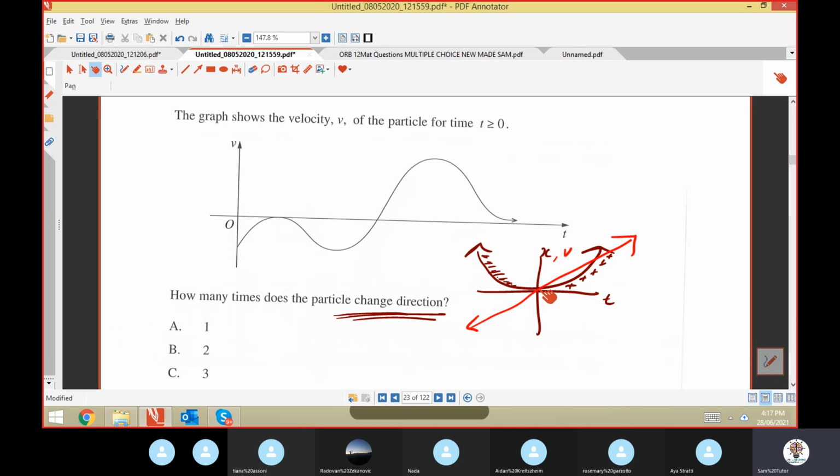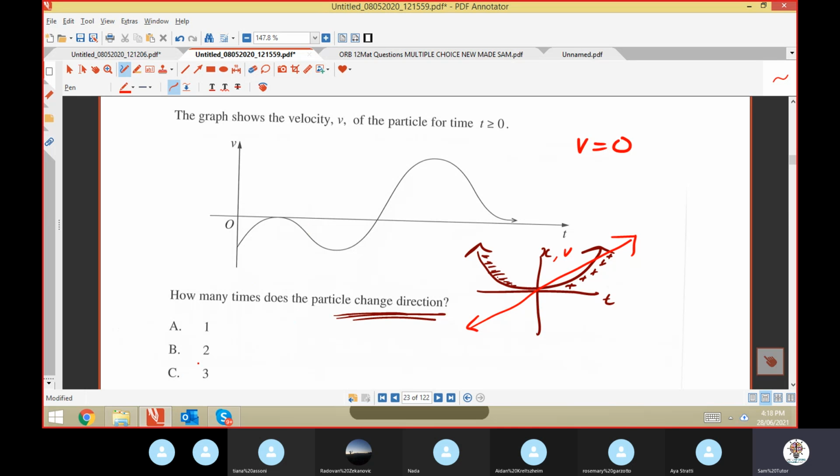Does that make sense, Tiana? Yeah. You don't have X, so you can't be looking at stationary points because you don't have X. You have the red curve. For the red curve, you want to find when V equals 0. Where does V equal 0? And then again, how many times does that happen?